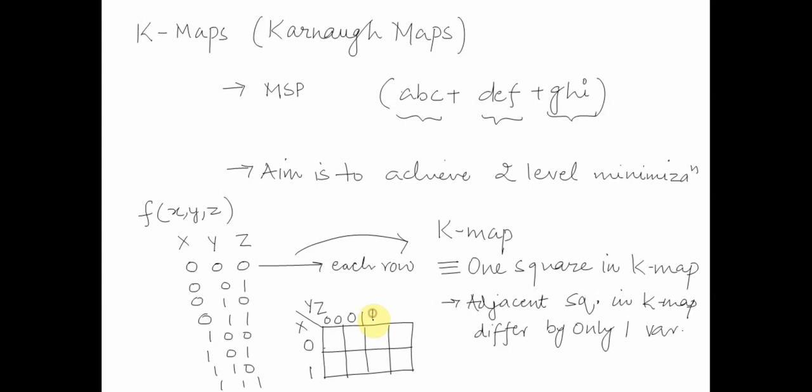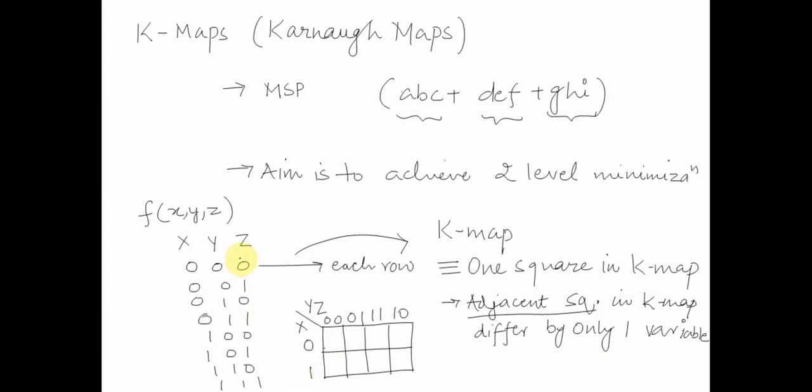This has to be 1 1 because of this rule of K-maps where adjacent squares in a K-map should differ only by one variable. Differing by one variable is something we saw in the very first lecture in terms of reflected code or Gray code, and it is pretty useful when we have to do error detection and error correction.